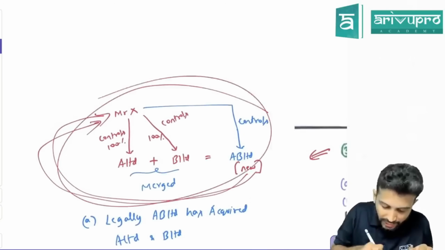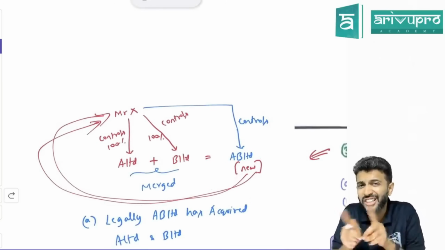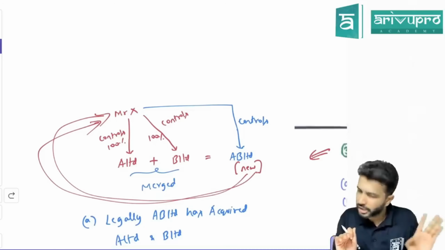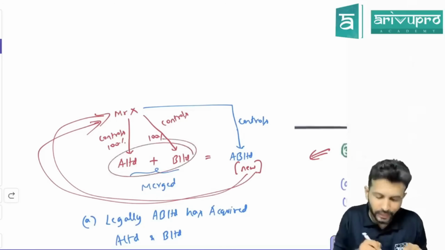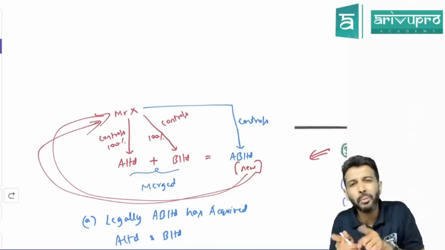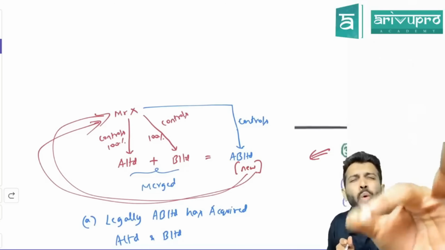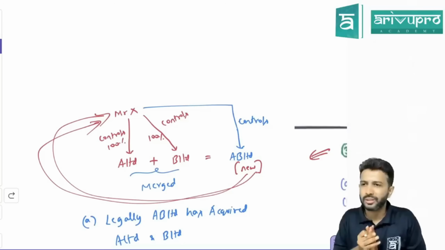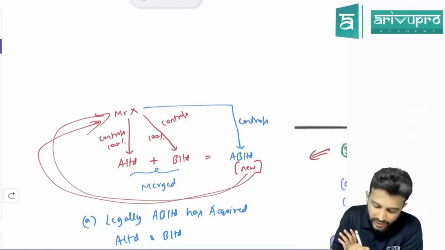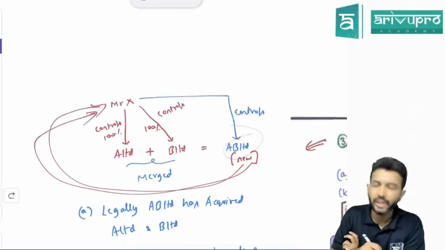Is this scenario an actual business purchase, or is it just a reshuffling? It's a reshuffling. Now you logically understand that the selling company's assets and liabilities will be taken over at book value only. Because this is really just a reshuffling. Instead of A Limited and B Limited, now it has become AB Limited.